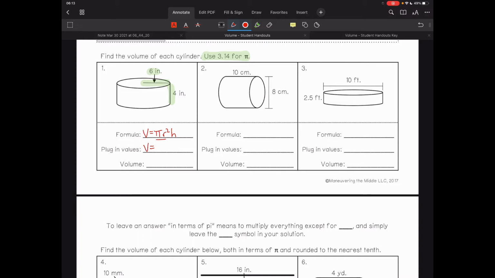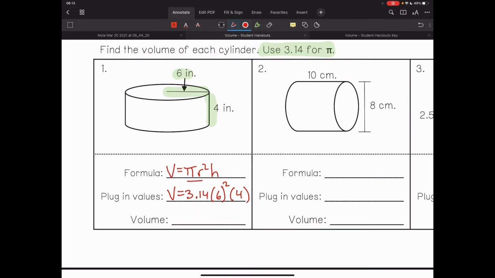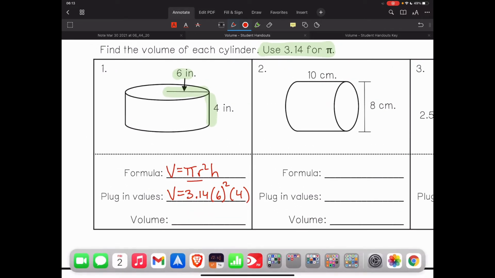So now we'll go ahead and plug in the values. We'll substitute the variables with our values. We're using 3.14 for pi. We're multiplying it by the radius squared, so we're going to multiply by 6 squared. And then we're going to multiply it by the height, which is 4. So let's go ahead and use that in our calculator.